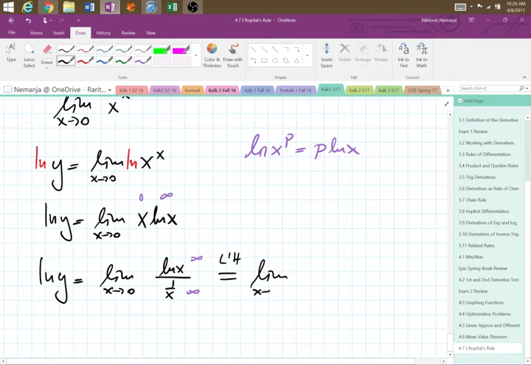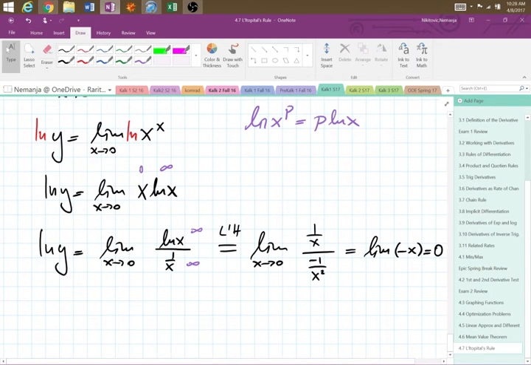Limit x goes to 0, and you get the derivative of ln x, which is 1 over x, and the one on the bottom is 1 over x squared. So all of this works out to be negative x, which is 0 at the end.